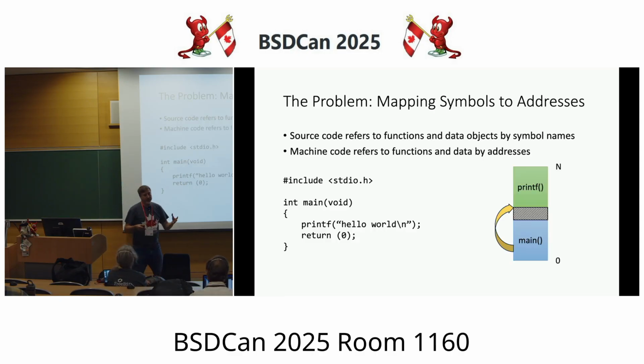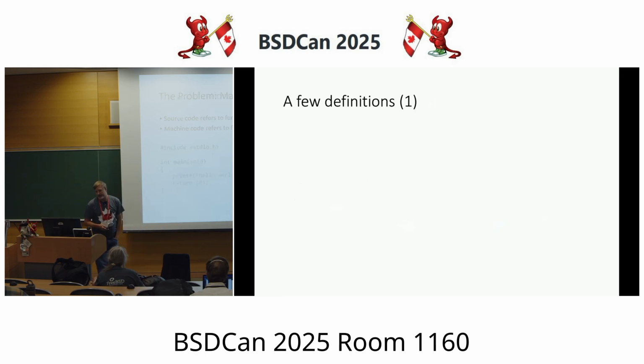But machine instructions don't think in terms of strings. They think in terms of addresses. The way things are named in machine code is addresses. So the problem we're trying to solve is how we map symbols that show up as names, like printf, in the source code and in our brains, into the addresses that actually exist at runtime.